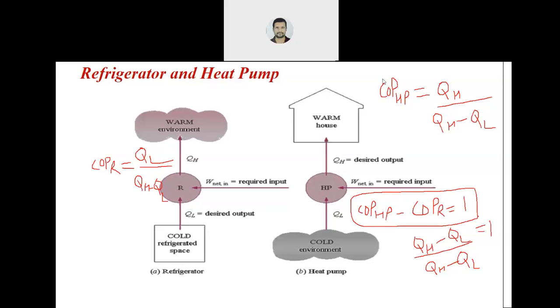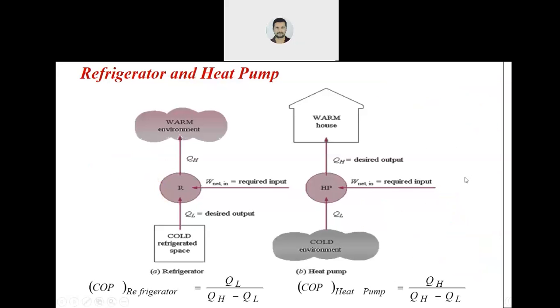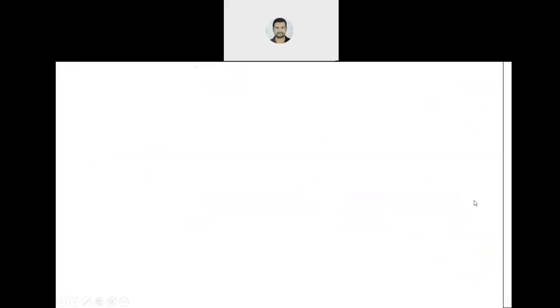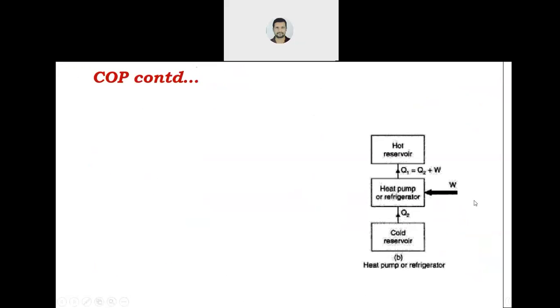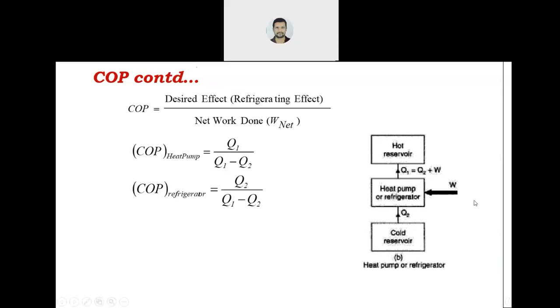Note down this thing: the formula for the COP of HP, the formula for the COP of refrigerator, and the relationship between COP of both. See, same thing I have written here. I have written the formulas and this is the relationship I told you.